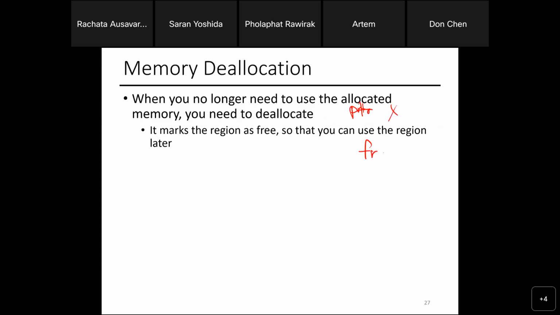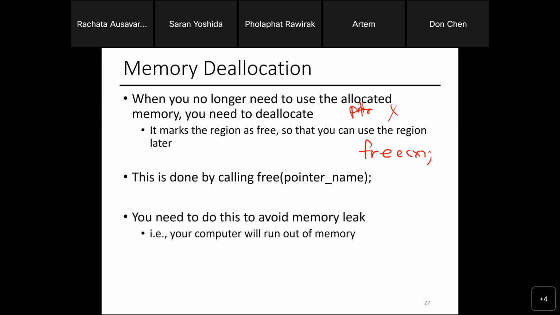You can call the function called free to return the space back to the system so that someone else can use it afterwards. It's as simple as calling free with the pointer name. You need to do this for assignment 3 to avoid memory leaks. Otherwise, let's say you run 100 applications at the same time and people forgot to free, you will run out of memory.